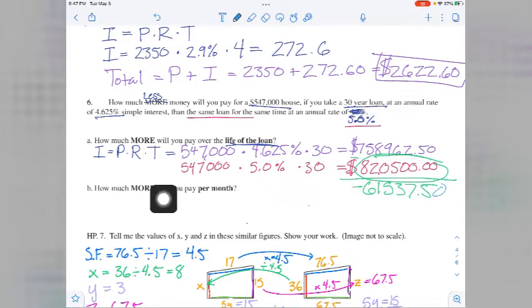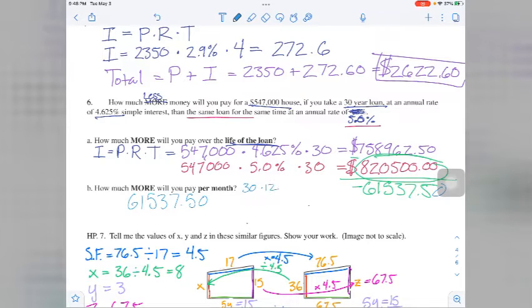I know that is over the course of 30 years. But if I wanted to just know how much more I pay per month, then I just need to basically divide this up into months. So if I know that I am paying $537 and 50 cents, then I just need to figure out how many months there are in 30 years.